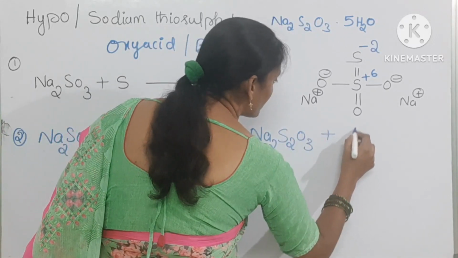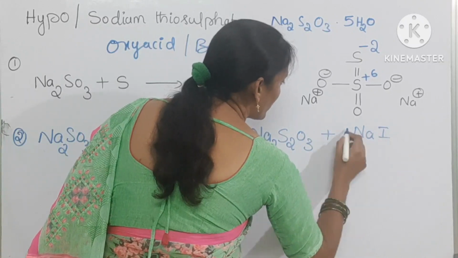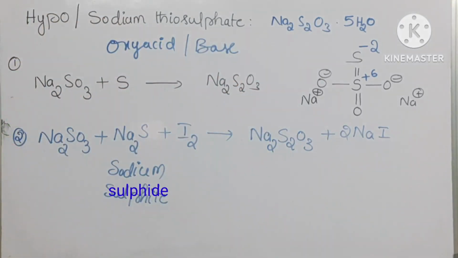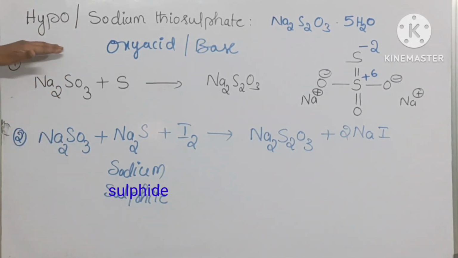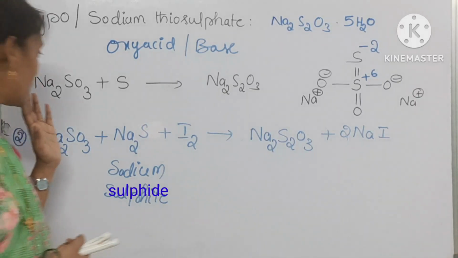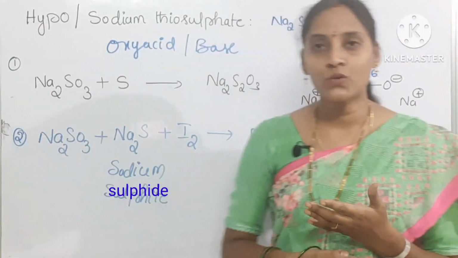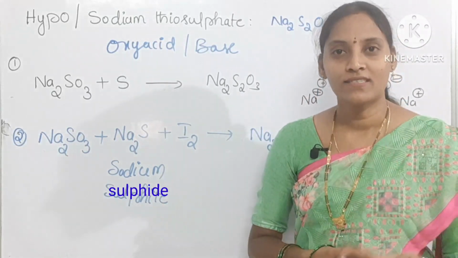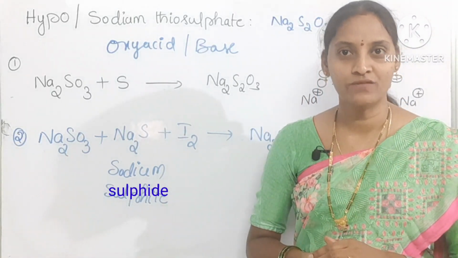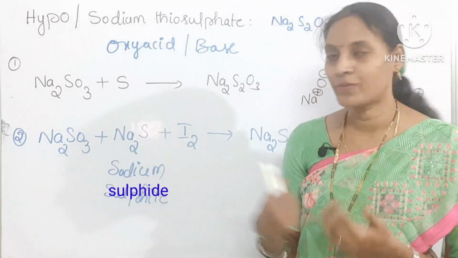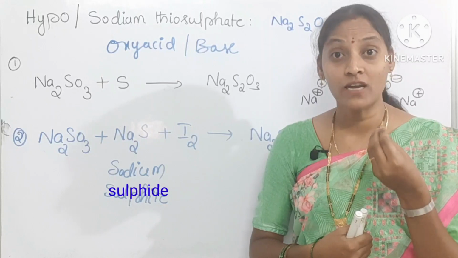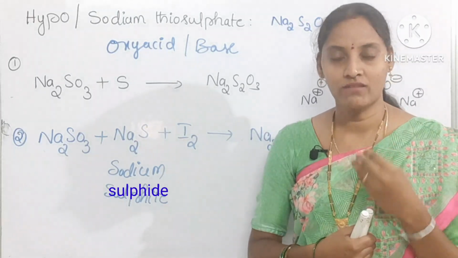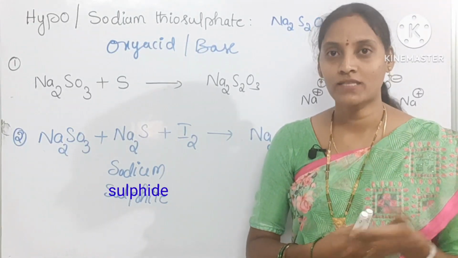Along with this you also get sodium iodide, 2 moles. These are the two preparation methods of hypo or sodium thiosulfate. In the first method, sodium sulfite reacts with sulfur and you get sodium thiosulfate. In the second method, sodium sulfite reacts with sodium sulfide along with iodine, and you get sodium thiosulfate.